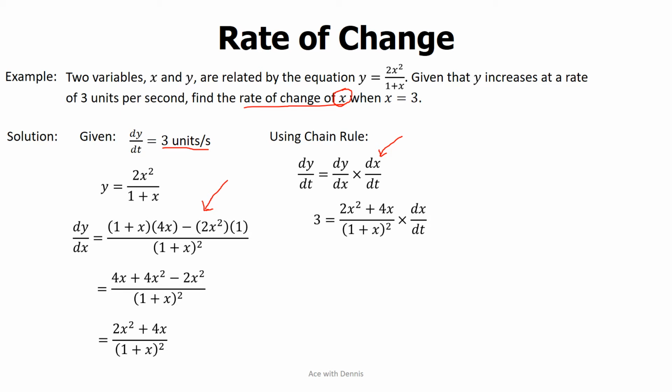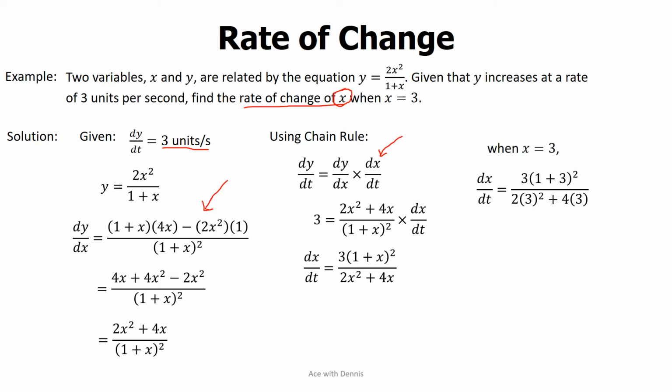Just put in all the values given. dy over dt is 3, dy over dx is 2x squared plus 4x over (1 plus x) squared. And we can make dx over dt the subject, which gives us 3 times (1 plus x) squared over 2x squared plus 4x.